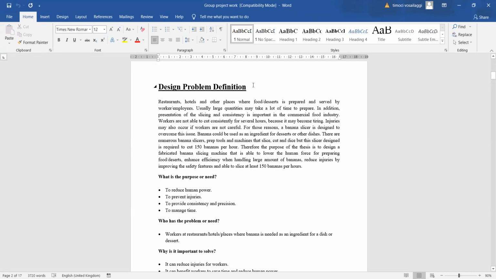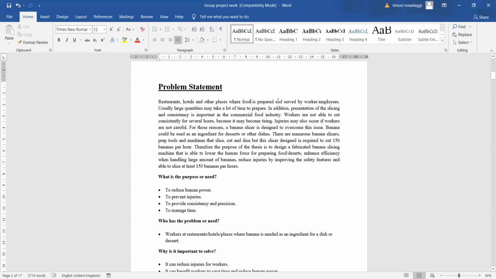So we actually term this as a problem statement, just to keep it uniform across everybody's projects. So: food prepared and served by workers or employees in restaurants or hotels. If you're going to do slashes and either-or, I recommend that you just select one. So food, dessert, you could just put food.